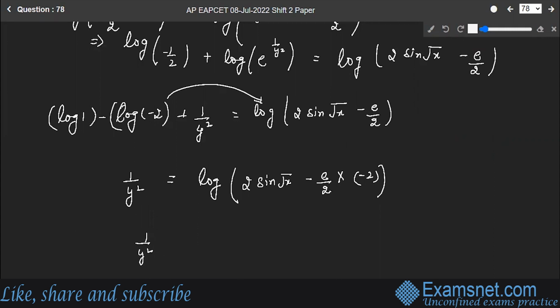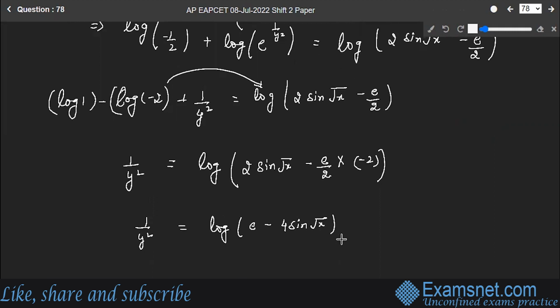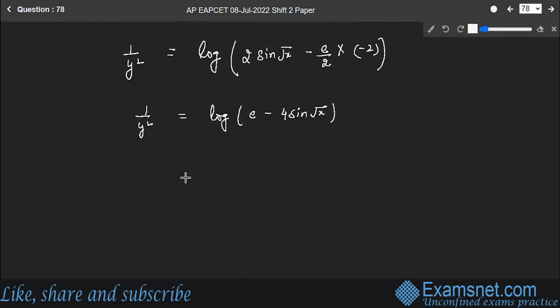So 1 by y square will turn out to be log of e minus 4 sine root of x, right? So that means fx is equal to e minus 4 sine root of x, right?